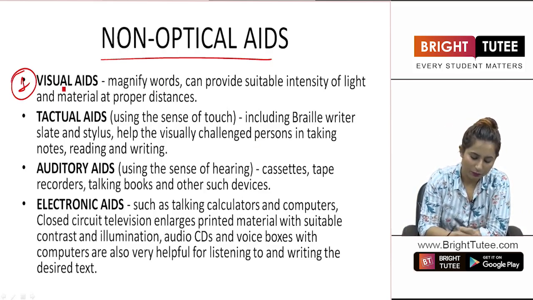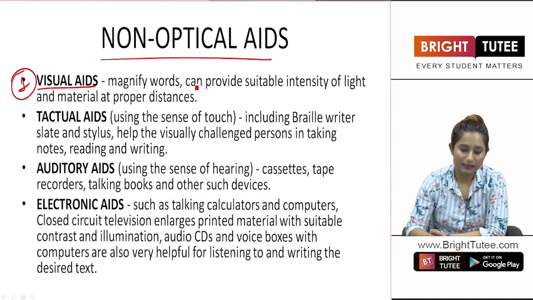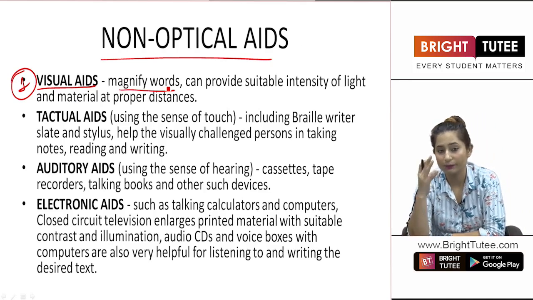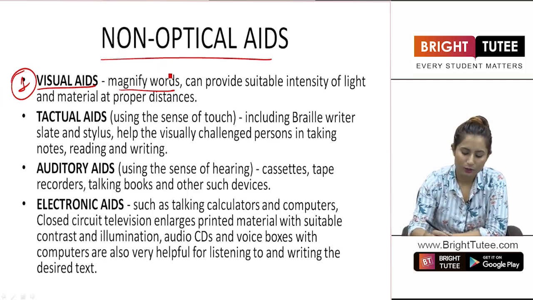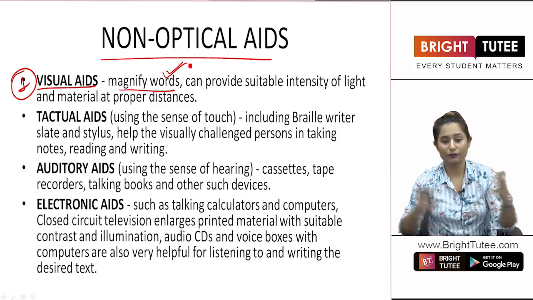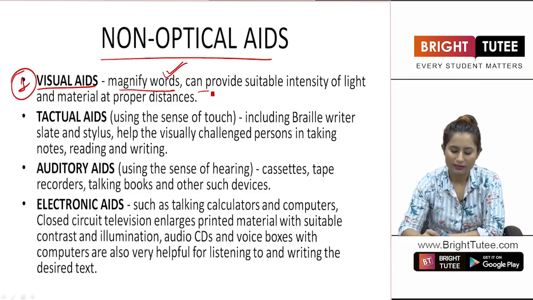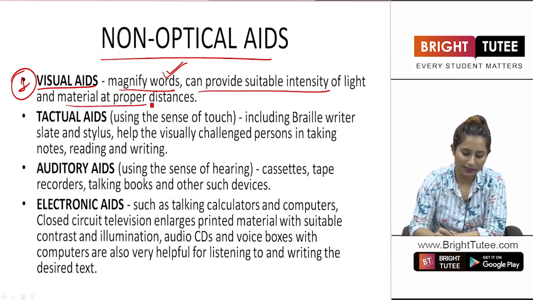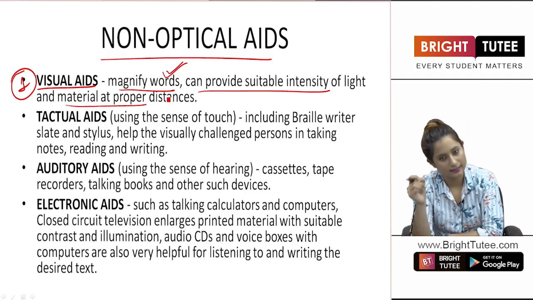First is visual aids. What is this? First of all, if a person is not able to read but he is not blind, so what you do is you magnify words, you increase the size of the words written in front of him. This can provide suitable intensity of light and material at proper distances.